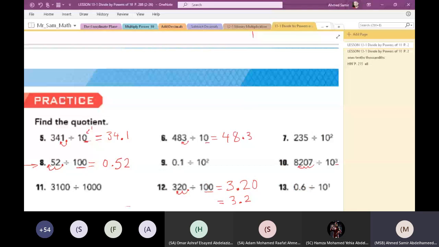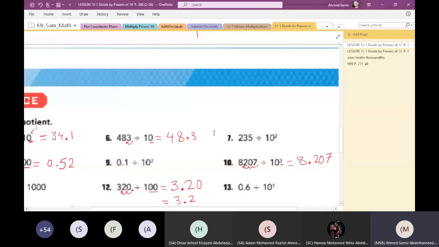All right, we have here 235 divided by 10 to the power of 2. So what should we do about this one? We will skip the point. Means 2.35.